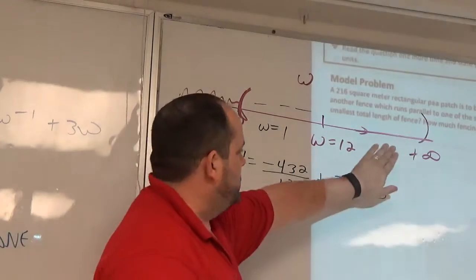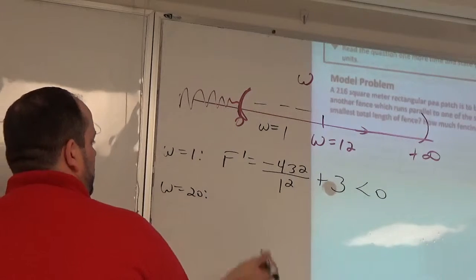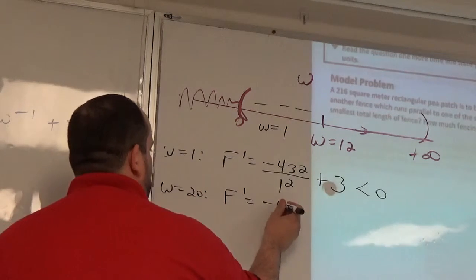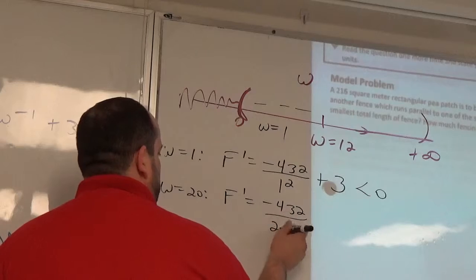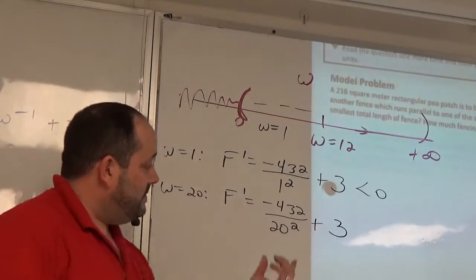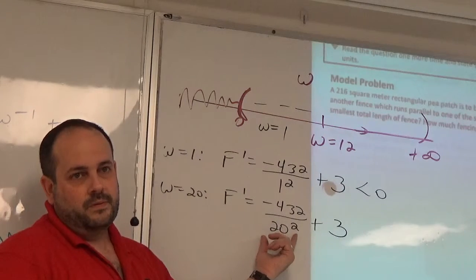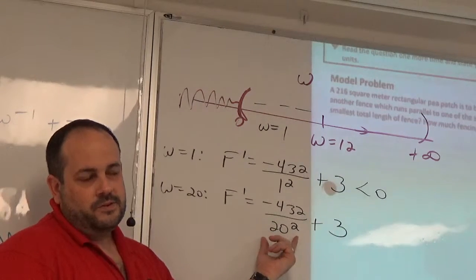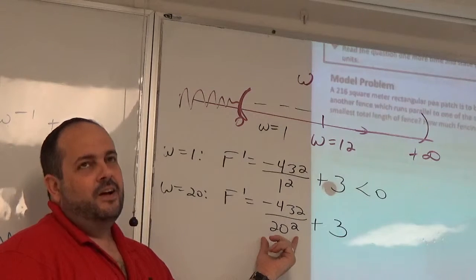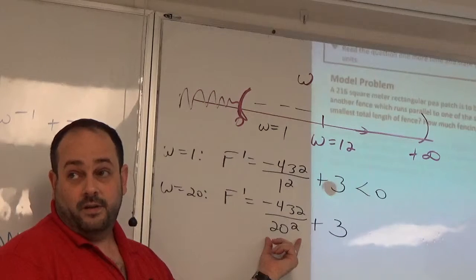Pick a value over here. If I pick something like 20, then f prime is going to be negative 432 over 20 squared plus 3. And I picked 20 because you guys should know what 20 squared is. 20 squared is 400.